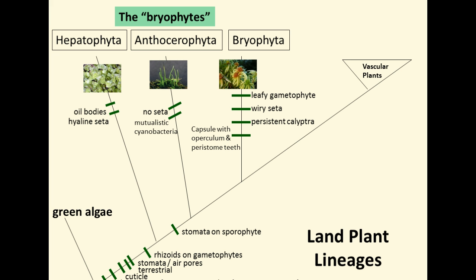So this one's really weird. And then you have the bryophytes with all of these different things, and it has that capsule with peristome teeth and the persistent calyptra. So if you see those structures, you know that you're looking at groups of organisms in this particular group. All right, so I'm going to stop here today.